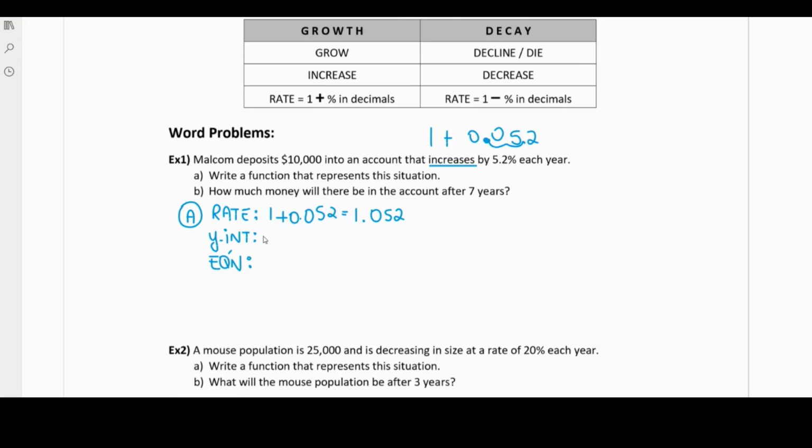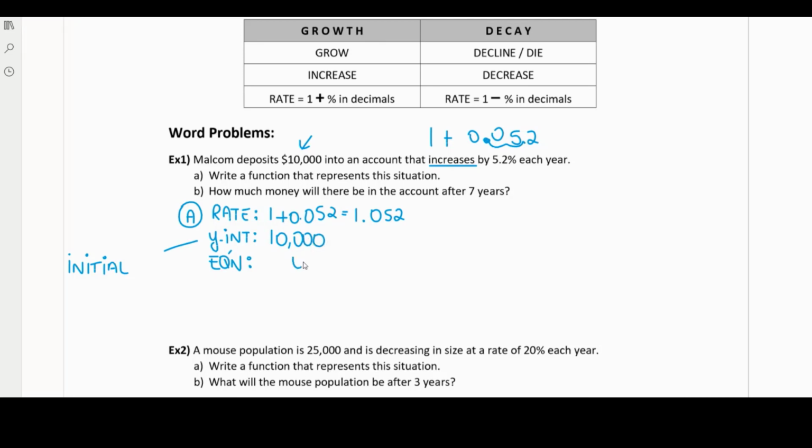My y-intercept, another word for y-intercept, is the initial value. So how much is the initial amount on this problem? Well, the initial amount is $10,000. So we're going to put right there $10,000.